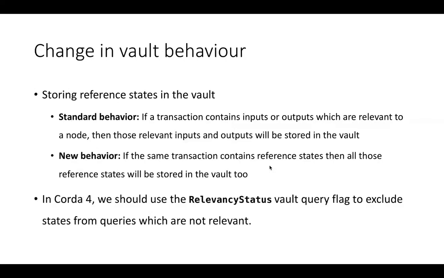Now, this presents a little bit of an issue because before in Corda, certainly in Corda 1 and most of the time in Corda 2 and 3, your vault only really contained states that were relevant. So states that had a public key match in the participants list with one public key of a key pair that you have generated prior, right?